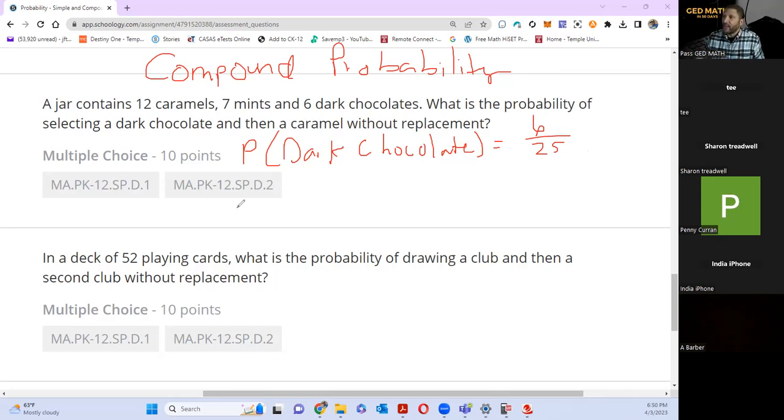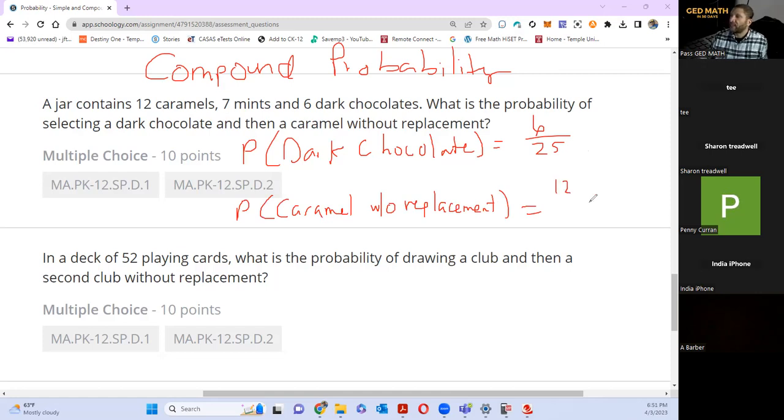My second event is the probability of picking a caramel. But what's important, it says without replacement. That means the piece that I took out already, I'm not putting it back in. So now the probability of a caramel. How many caramels do I have? You have 12.